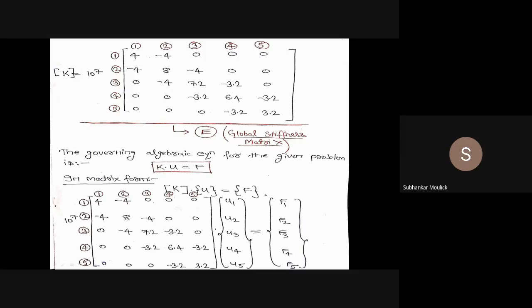So I can see that this first row is nothing but the first node. First column is the first node. Second row is the second node. Second column is the second node, and so on.